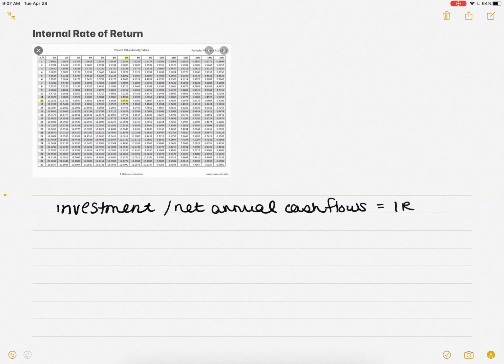And this is going to give you your internal rate of return. We're going to use that internal rate of return to calculate how much our actual return is going to be.